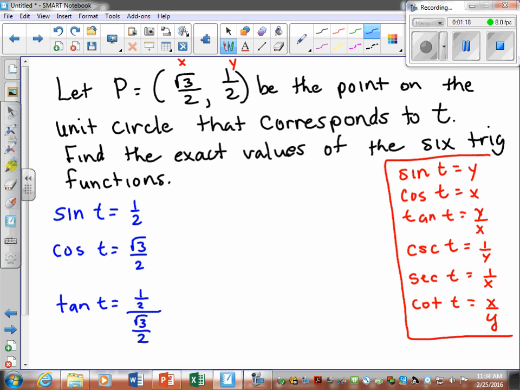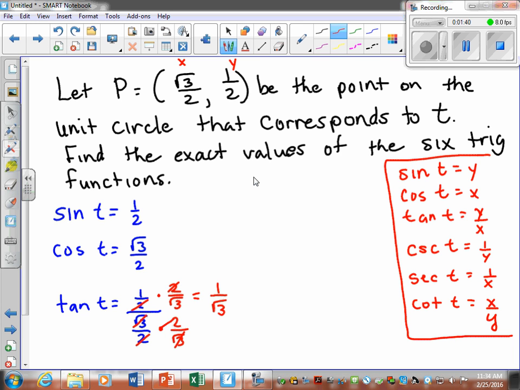Okay, which here, if we were to simplify this, we multiply by the reciprocal, which is 2 over square root of 3, 2 over square root of 3. Now, everything on the bottom, of course, is going to simplify and cancel out. This 2 will cancel with this 2, and we're left with 1 over the square root of 3, which we want to always rationalize.